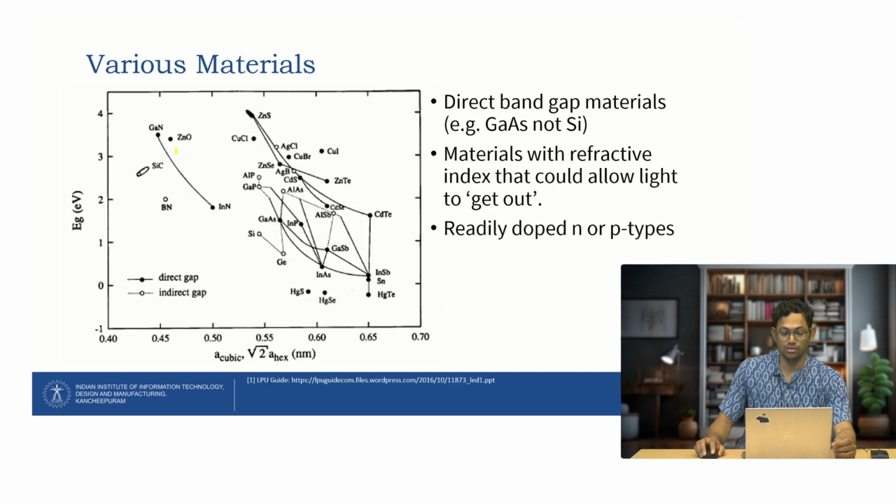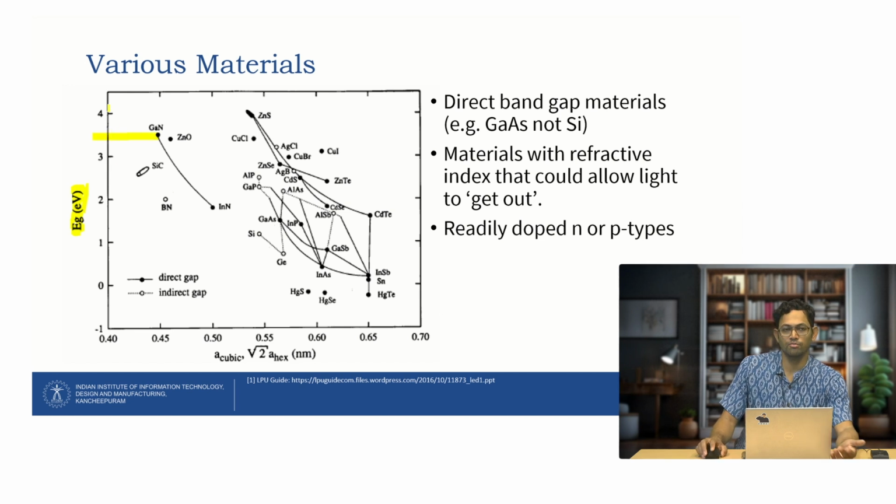This is a table where all the materials have been mentioned, and most important is the Eg on the left hand side. This is the band gap, that is the energy between the valence band and the conduction band. For example, you have gallium nitride which comes to around 3.5 eV.